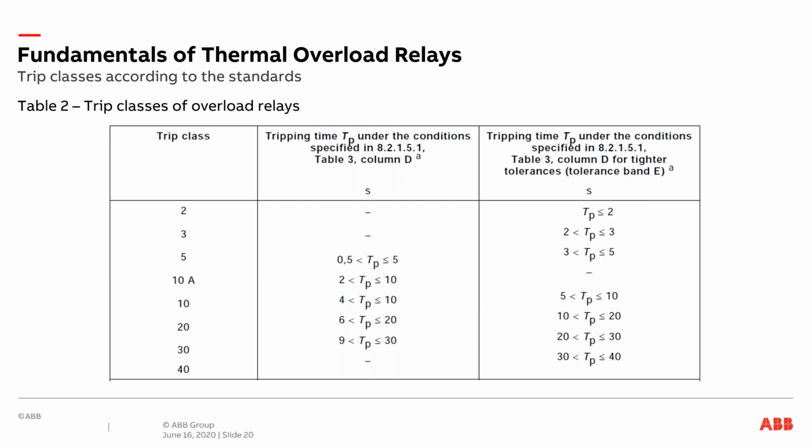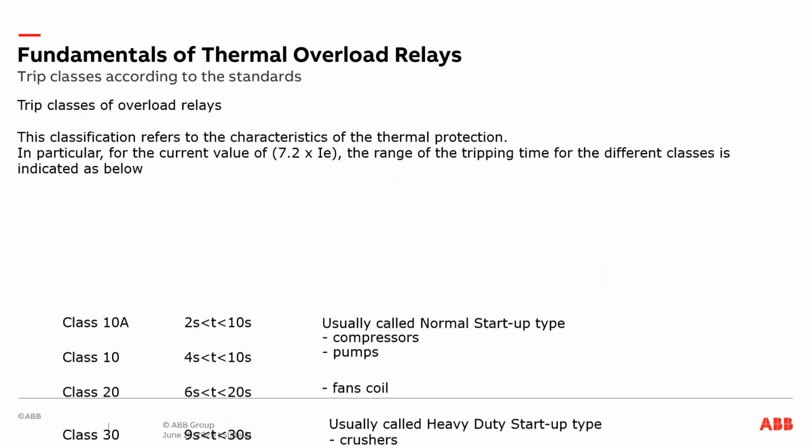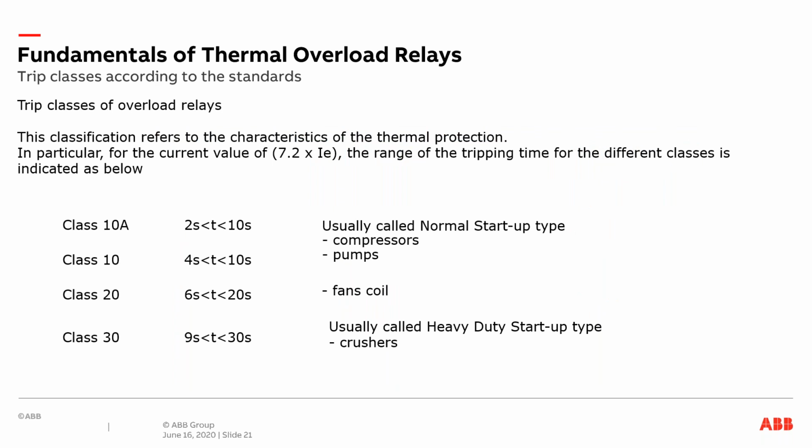For example, trip class 10, the tripping time is from 4 to 10 seconds, class 20 is 6 to 20 seconds, and trip class 30 is 9 to 30 seconds. Basically, it is a very heavy duty application. Here you can see, if the current is 7.2 times Ie, that is the rated current, then these are the trip classes.